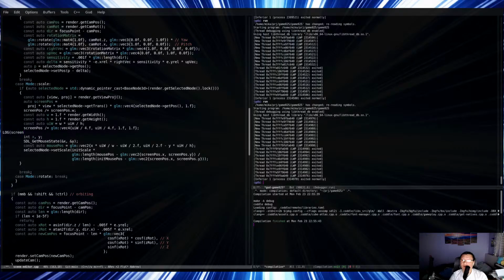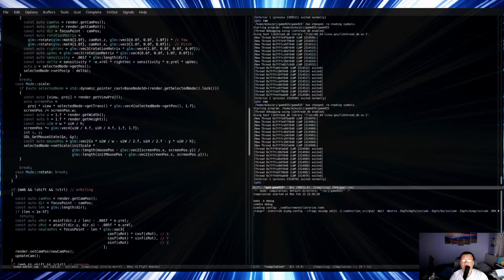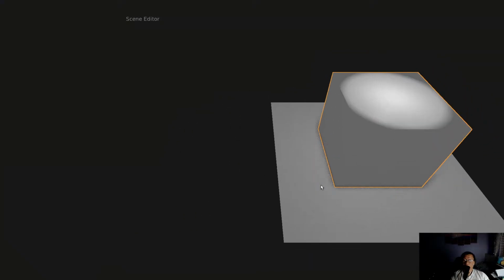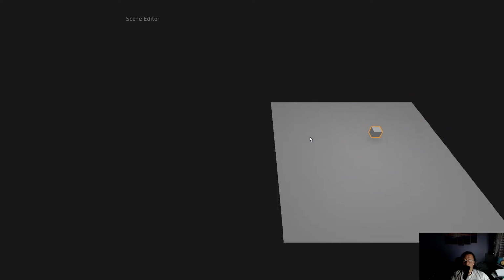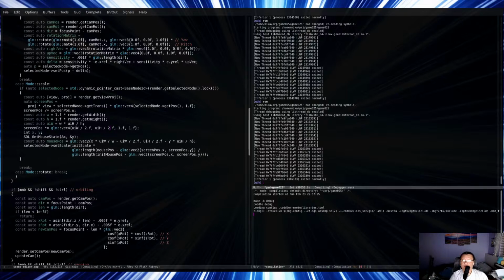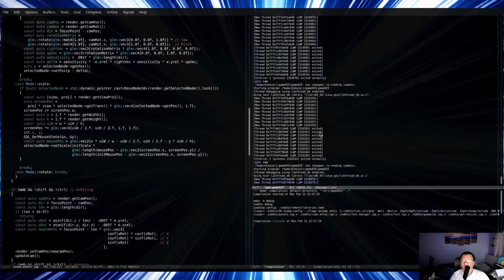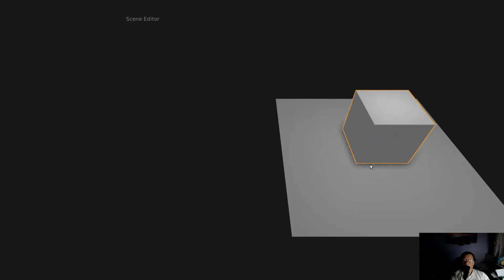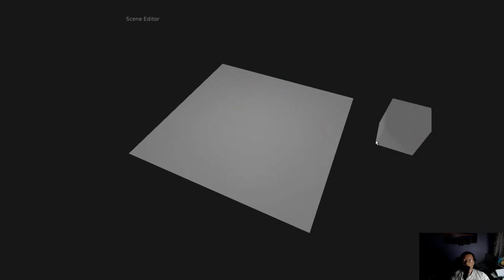Log screen. Oh, wait a second. It should be multiply here. This is the bug. I do not know why it's plus minus 2, but anyways. Looks like it's halfway, so I probably should divide by 2, maybe. Oh, it's working. It's not matching.